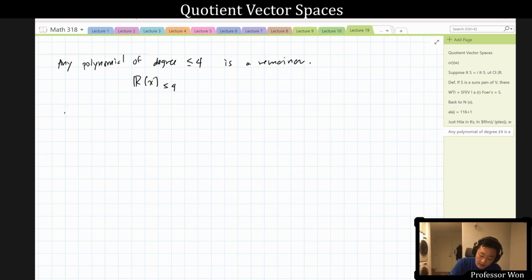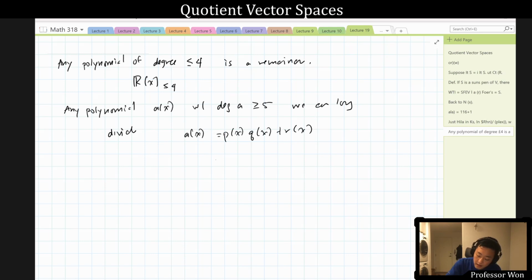And so for any polynomial a with degree of a greater than or equal to 5, we can long divide to write a of x equals p of x times q of x plus r of x, where the degree of r of x is less than or equal to 4.